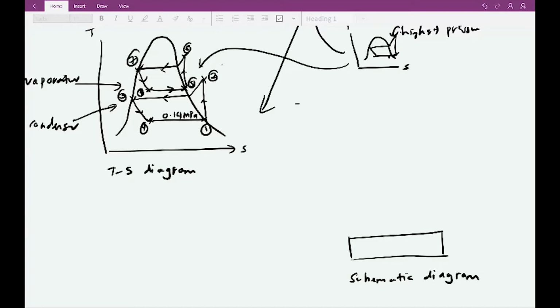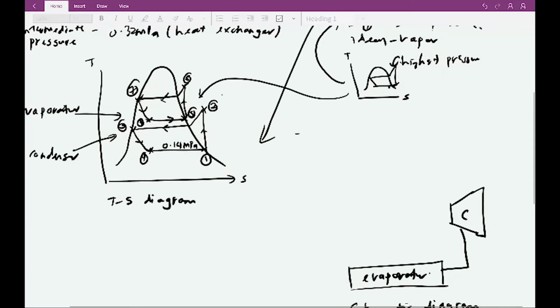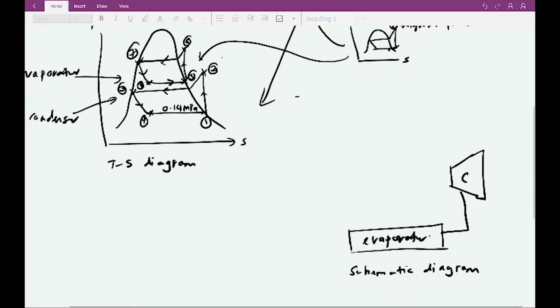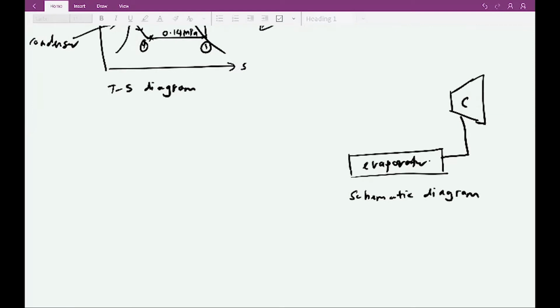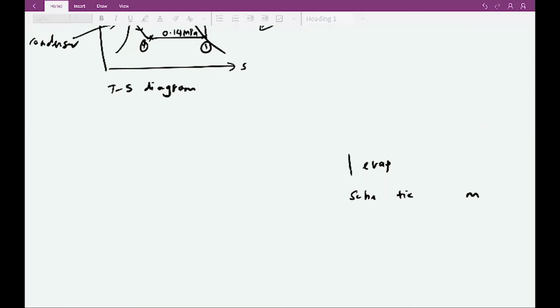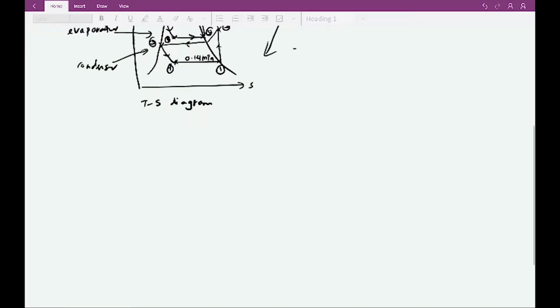The first component here is your evaporator, and then your compressor. I should draw lower, sorry.